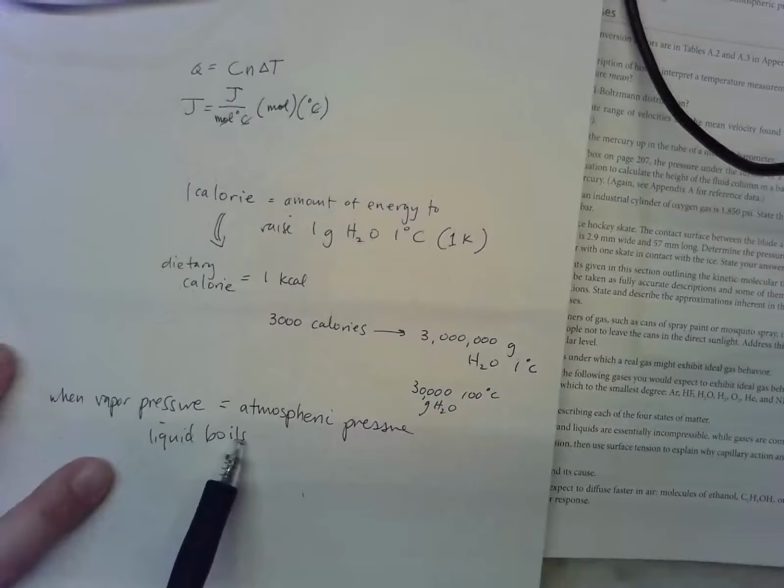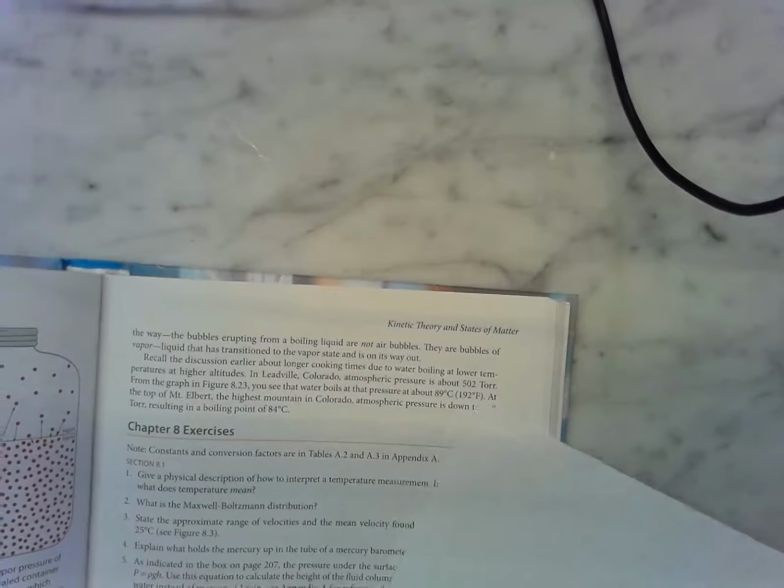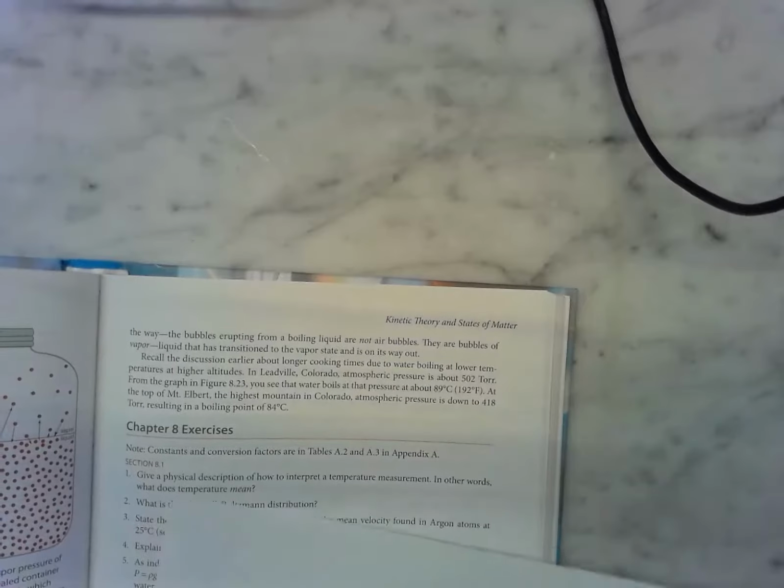You just need to know this fact. That is how that term is defined. Oh, look, they even talk about Colorado over here. 502 torr. But you guys knew that because you read the chapter, and I didn't get all the way to the end there. All right.